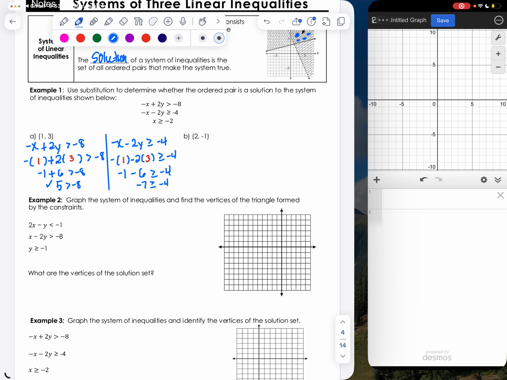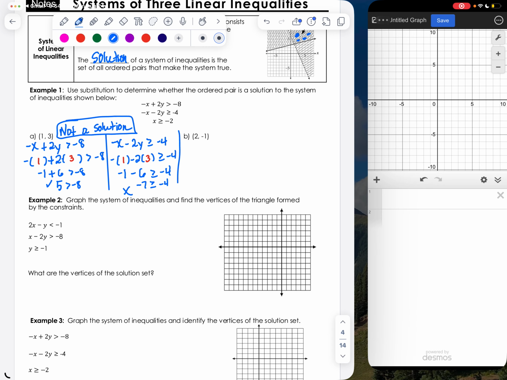Well, that is false because negative 7 is smaller than negative 4. So I don't even have to do the third inequality because if I get even one false, then that means that ordered pair is not a solution because it has to make all three inequalities true.